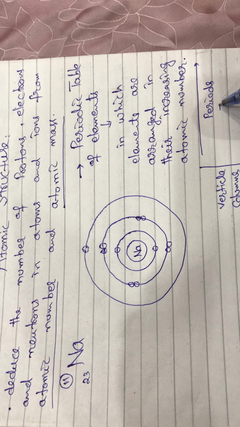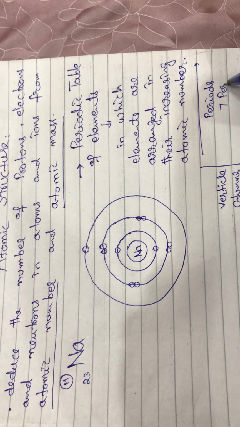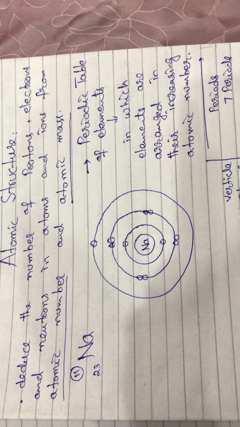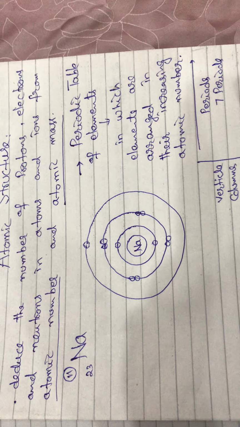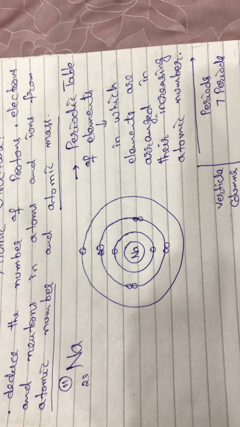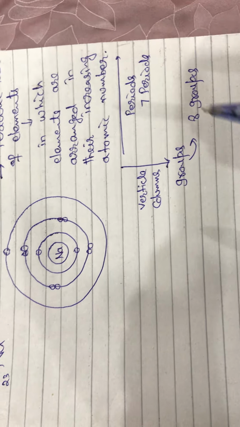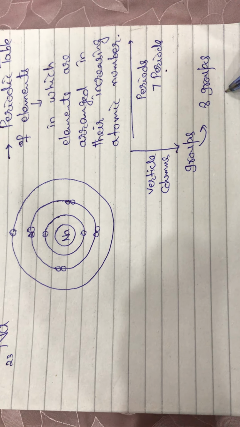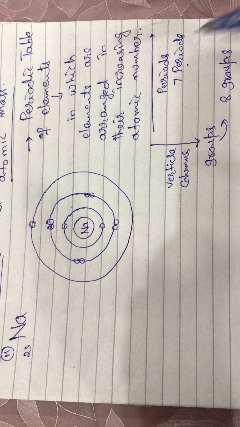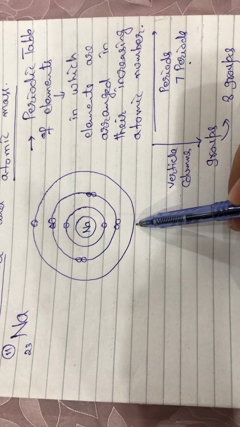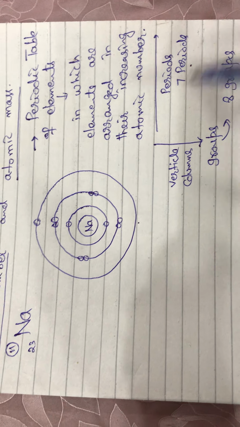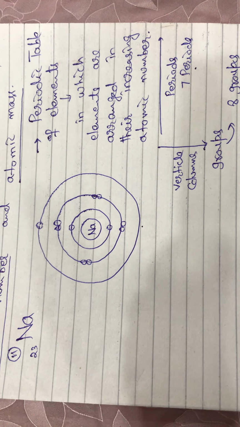So in the periodic table we have a total of 7 periods and how many groups of elements? 8 groups of elements. So what is the link between electronic structure and the periodic table of the elements, or with the periods or groups?